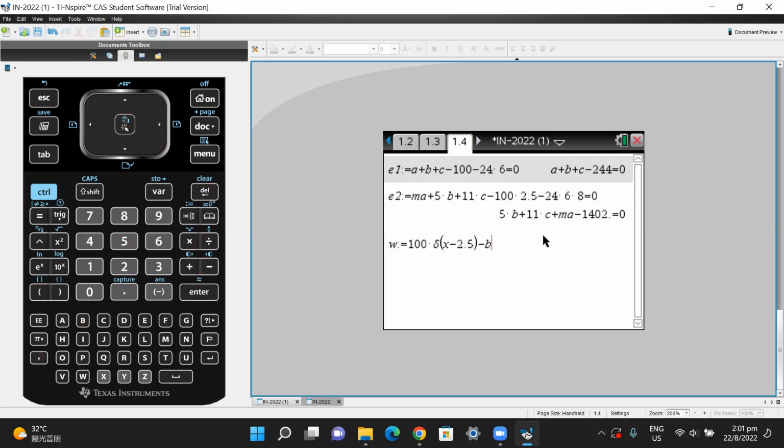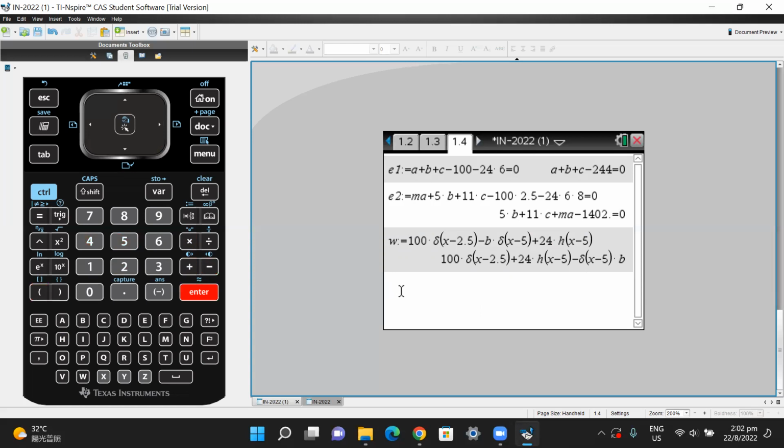Minus B times the same symbol, x minus 5, plus 24 times h, x minus 5. That means the distributed law from x equals to 5 to the n.